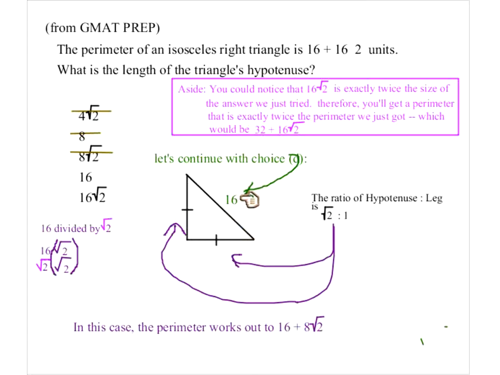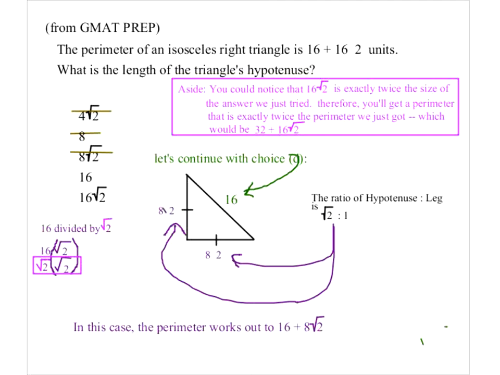We're just taking the 16 and dividing it by rad 2. Because here's the ratio: this quantity in the denominator works out to 2, and so 16 divided by 2 is 8. So ultimately you wind up with 8 square roots of 2 on both of these sides.